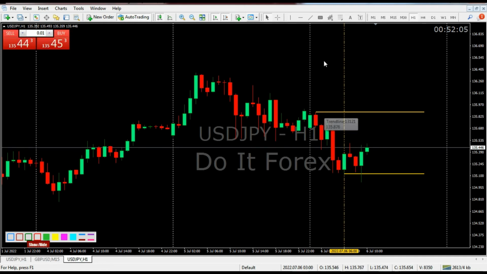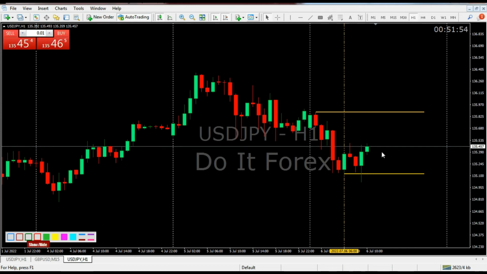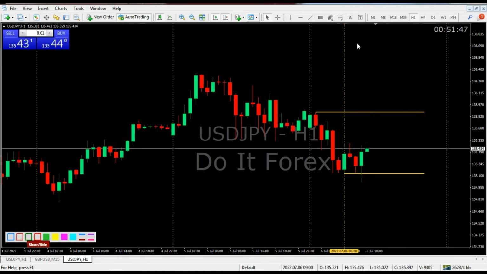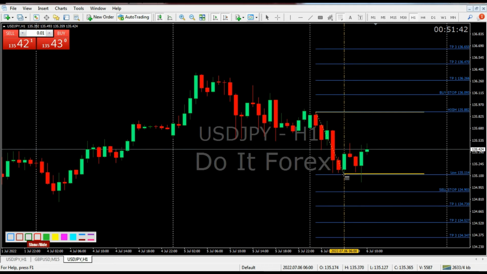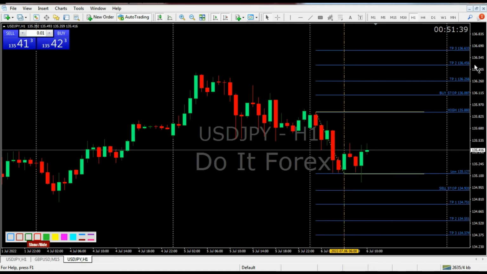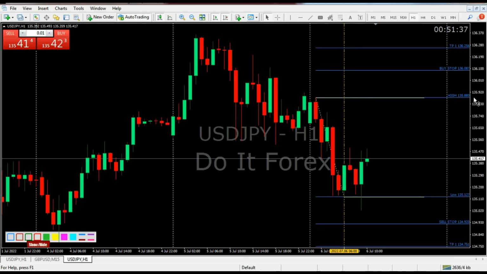So I've identified the highest and the lowest. Then if the market crosses below the line, we take a sell, and if it goes for the high, crossing the higher line, we go for the buy. To make it easier, we just draw Fibonacci from high to low, and you will find the result guys. That's it guys.